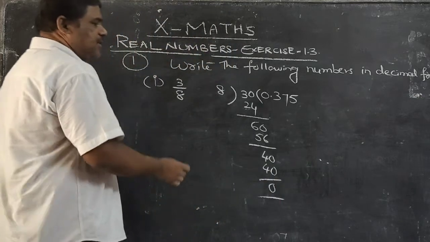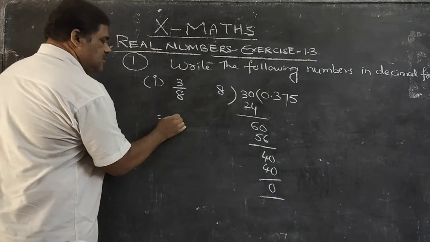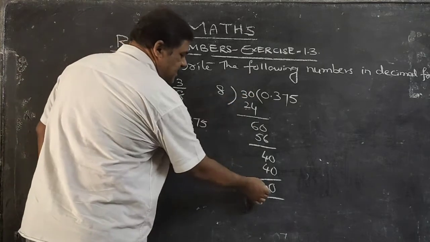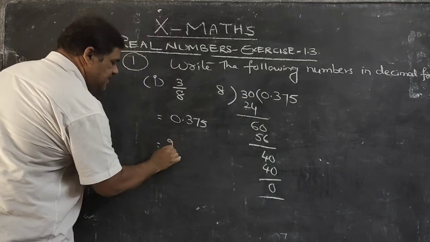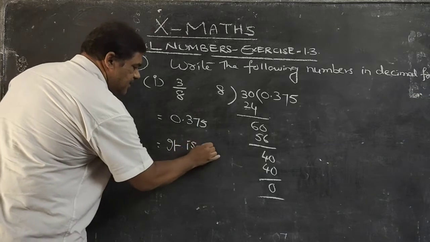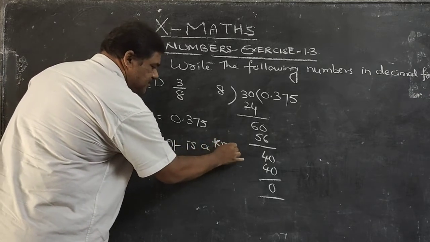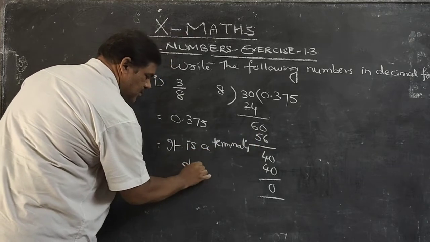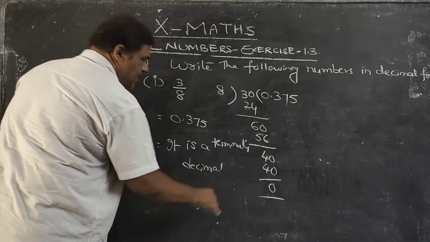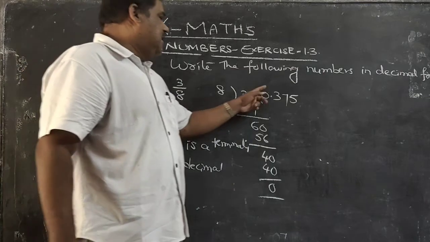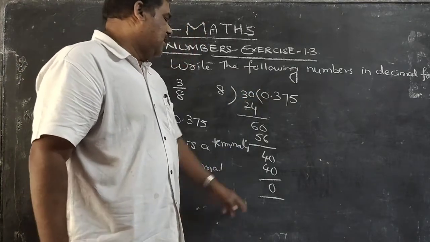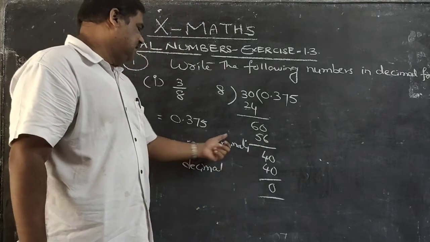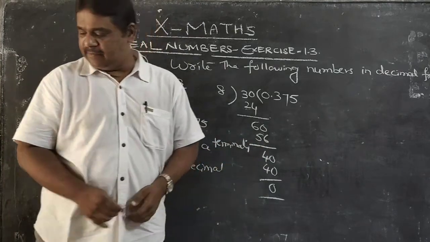So the division process is ending, so 0.375. If the division process ends, we say that it is a terminating decimal. If the division process continues, it is non-terminating. Here the division process is ending, so it is a terminating decimal.